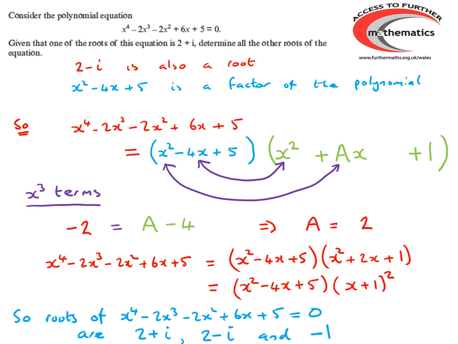We know that the root of x plus 1 squared equals 0 is simply x equals minus 1. It's a repeated root. So the roots of the quartic equation are going to be 2 plus i, 2 minus i, and minus 1. And the minus 1 is repeated. We've got it occurring twice.